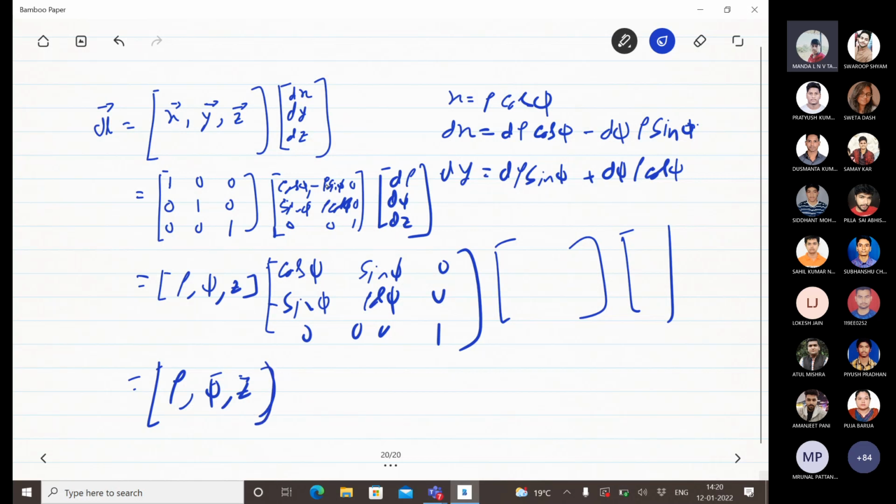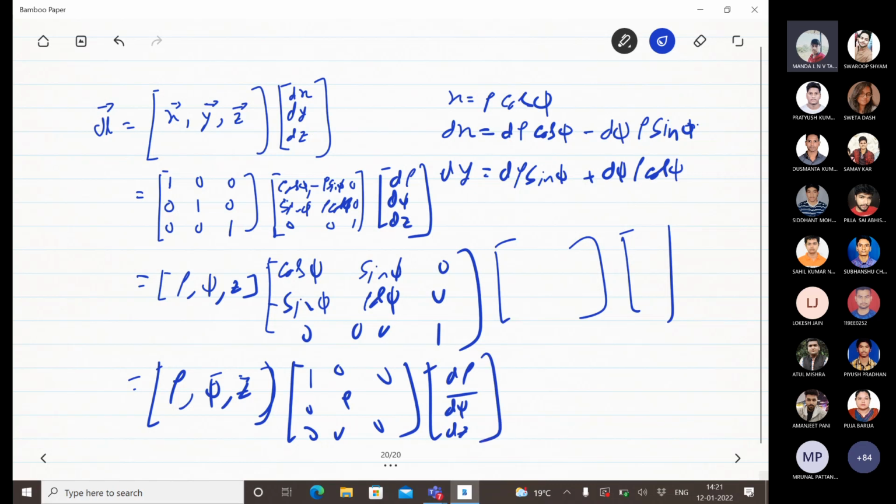Then if I do this matrix multiplication, you will basically get 1, rho, 0, and zeros, into d rho, d phi, dz. So in this way you can derive it.